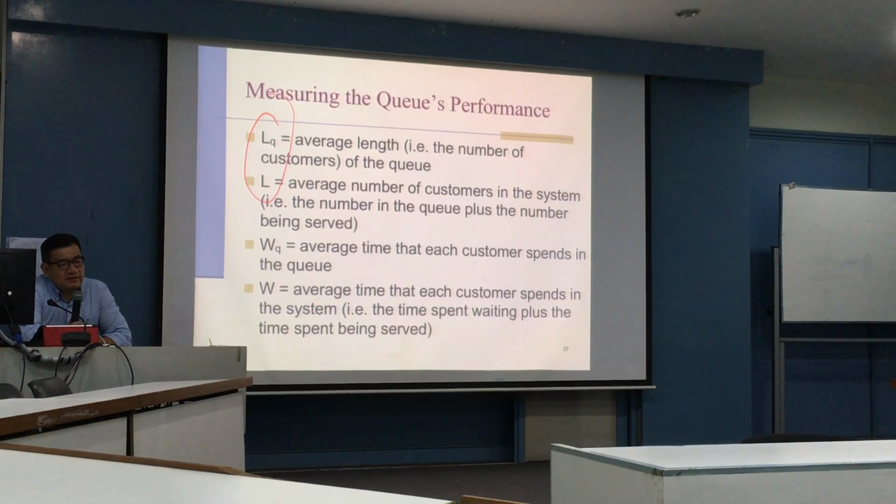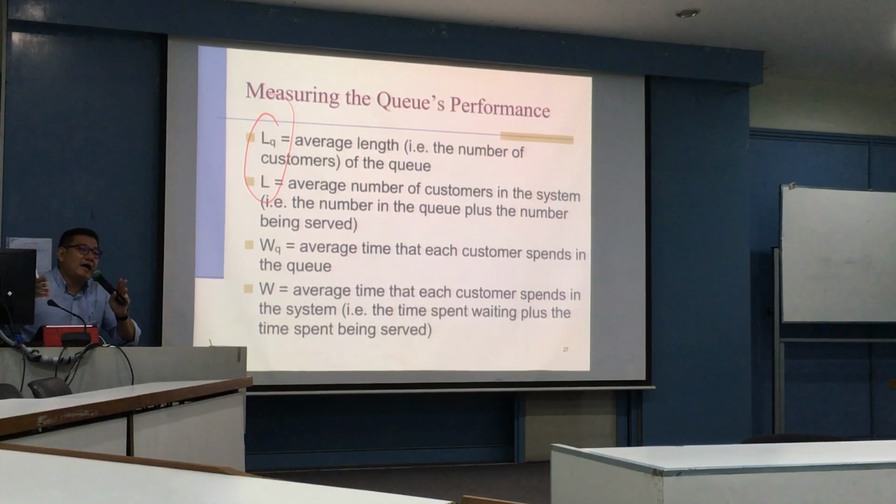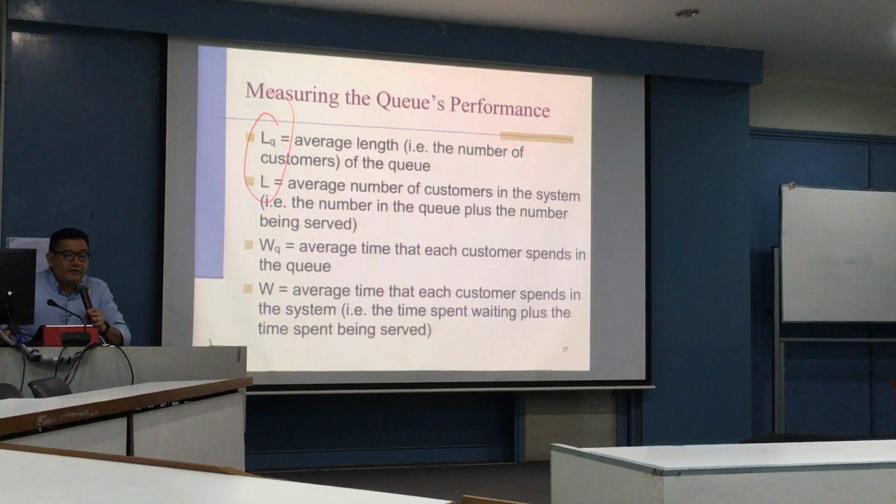The difference between LQ and L is that the first one has the subscript Q. Every time you see the subscript Q, it means we talk only about the waiting line. So LQ refers to the average number of customers waiting in the line or in the queue.